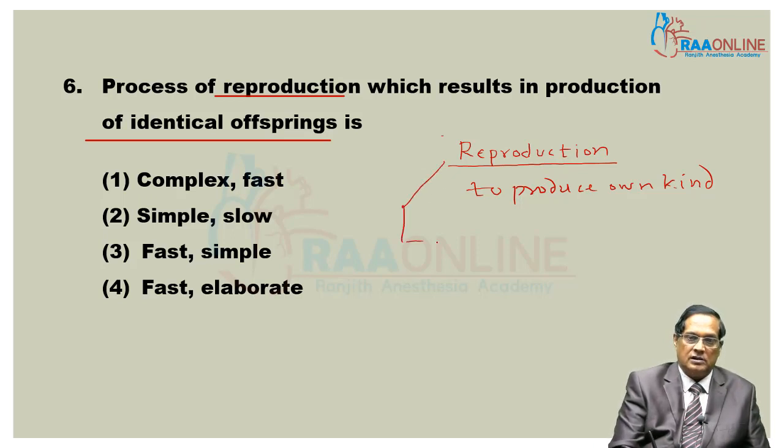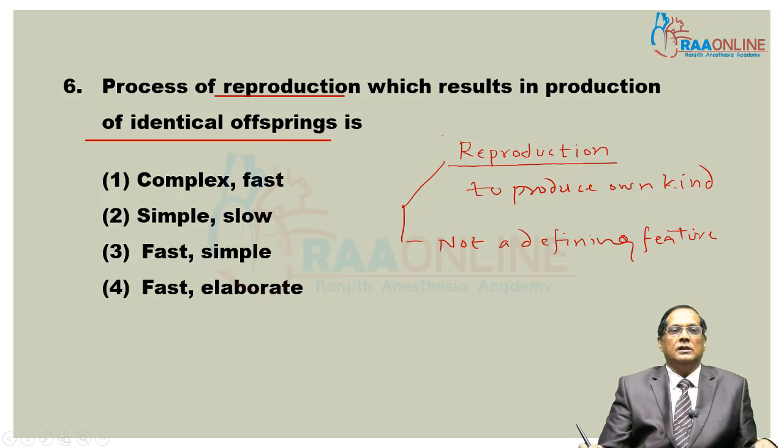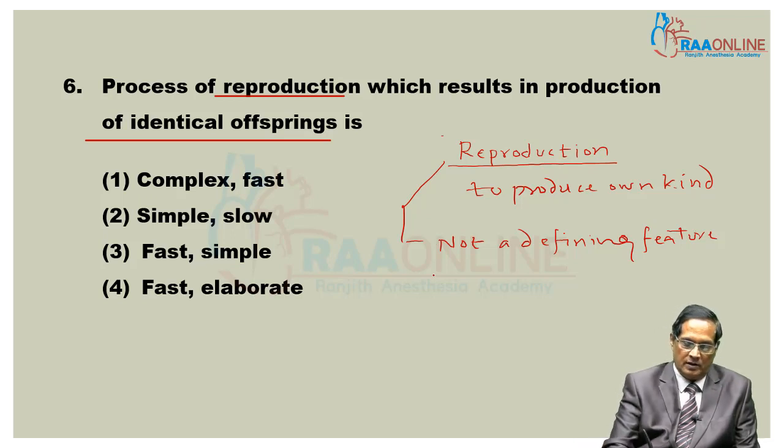Reproduction is not a defining feature. It cannot be considered a defining feature. Why? There are some exceptions, some organisms which do not reproduce. For example, the worker bee, which is not able to reproduce.